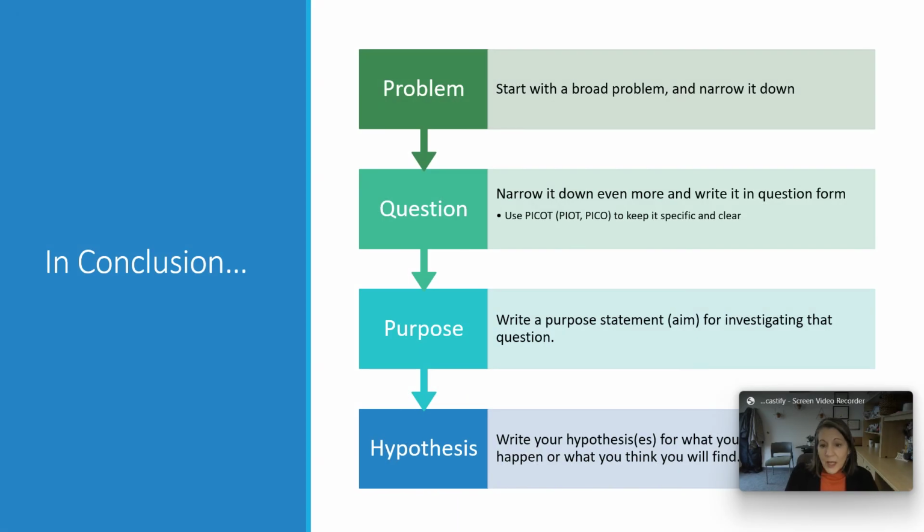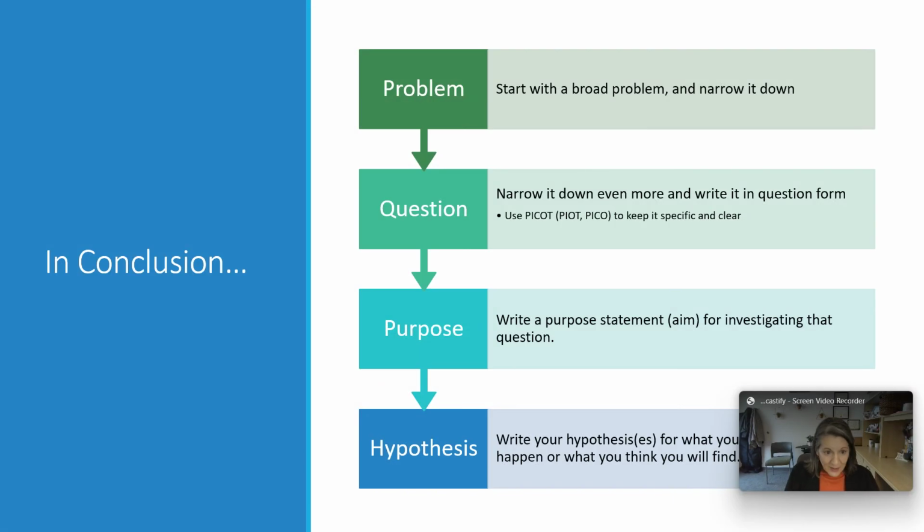We can use PICOT or PICO formats to help us keep it specific and clear, but it's not the same as our literature search question. We write a purpose statement or an aim that helps us to investigate that question, and then we write our hypotheses for what we think we will find, if it's appropriate to the type of study that we have chosen.